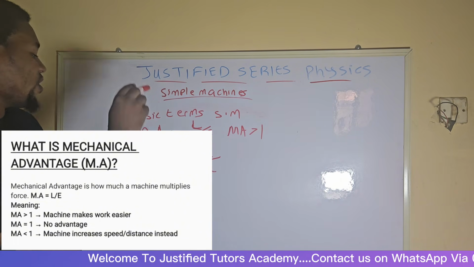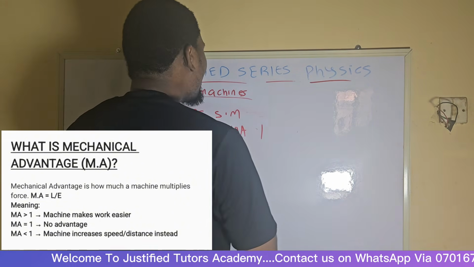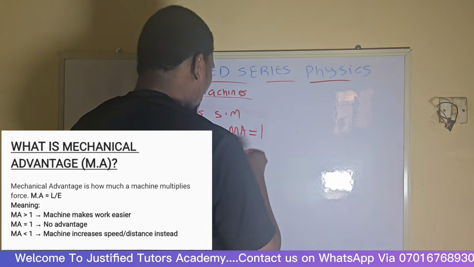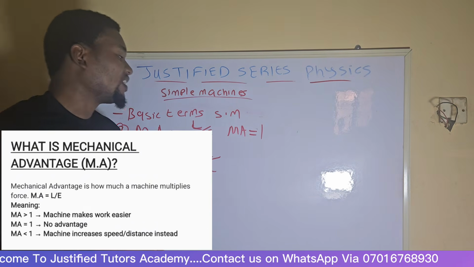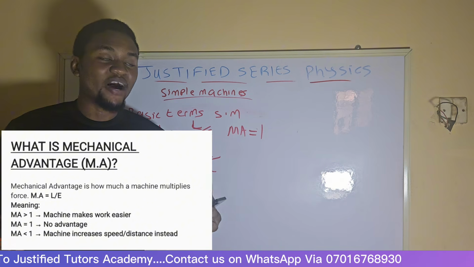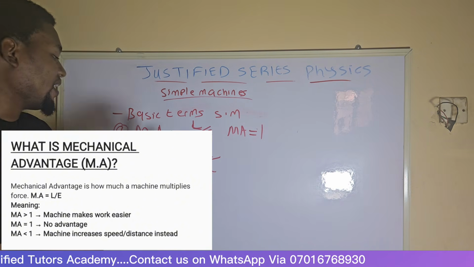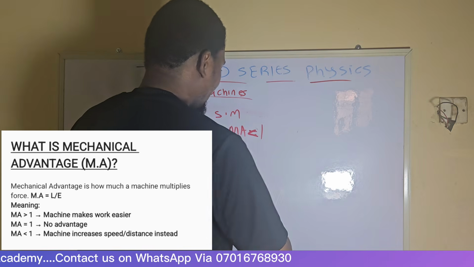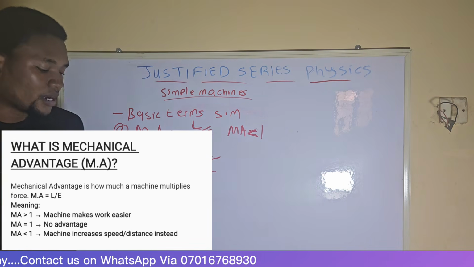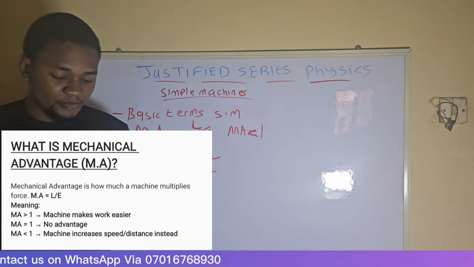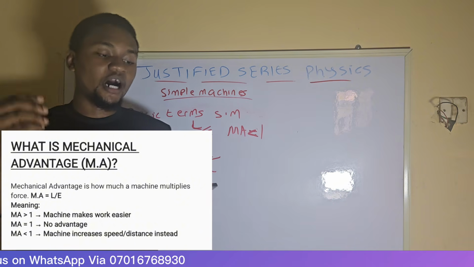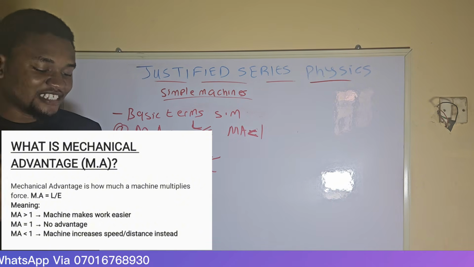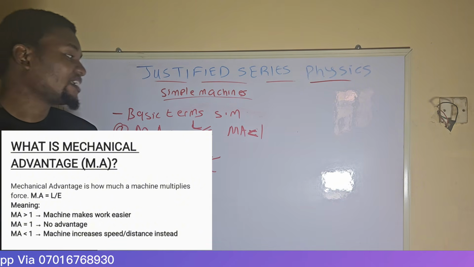When your MA is equal to 1, it means there is no advantage. And when your MA is less than 1, the machine will have to increase its speed or distance instead.